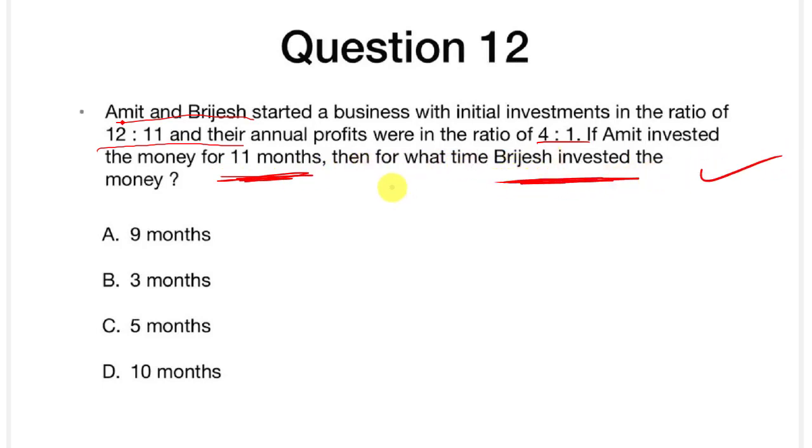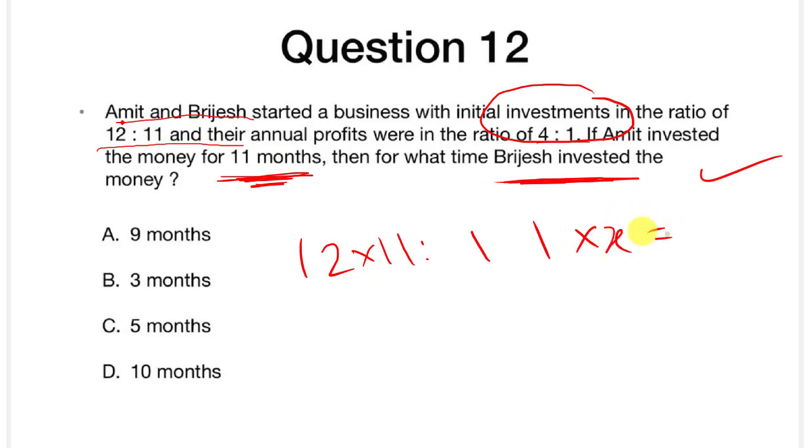Very easy friends. We know the investments, which are basically 12 is to 11, and they said 11 months. For Amit it is 11 months, and for Veeresh it is 11 into x, where we need to find x. He gave you the profit. We know that time into investment is equal to profit, and the profit is 4 is to 1.